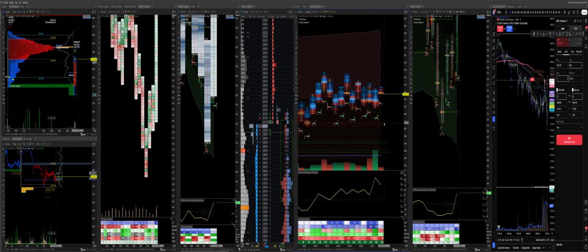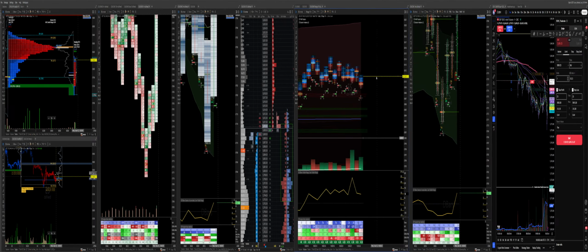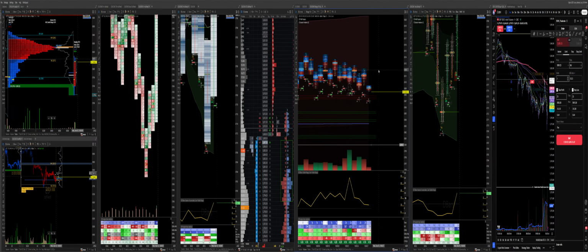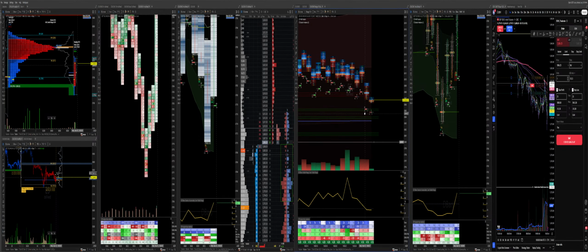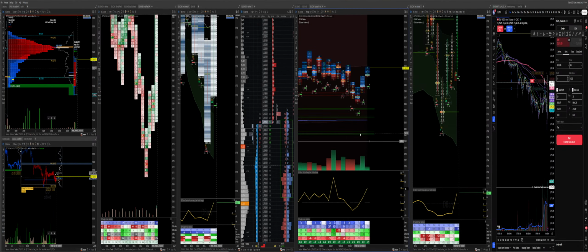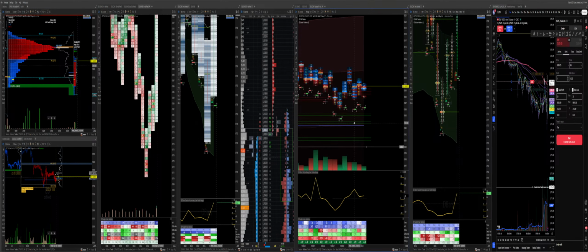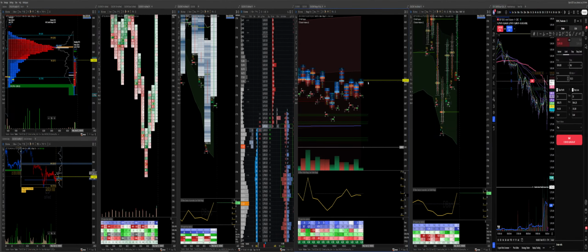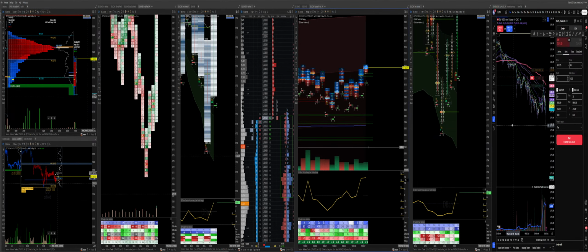They said fuck around and find out. Volatility went through the roof. Oh.